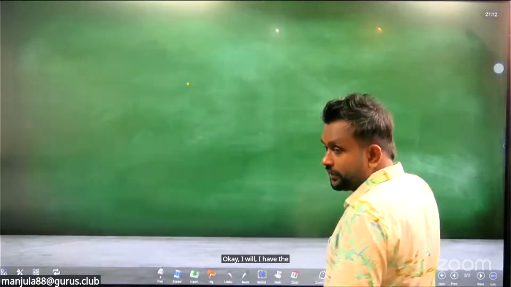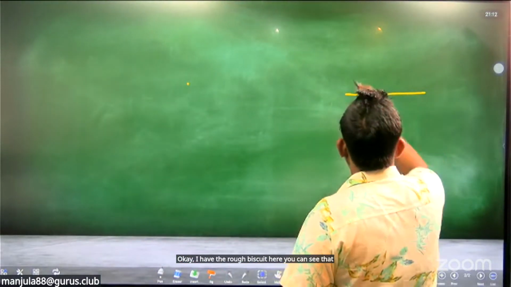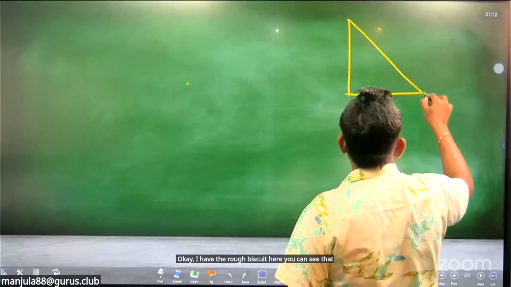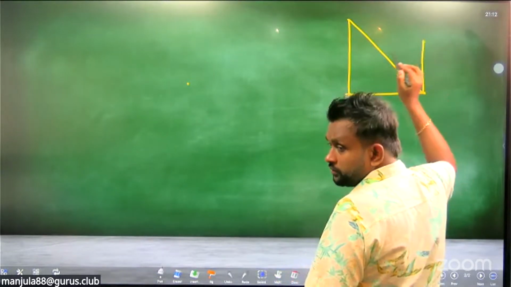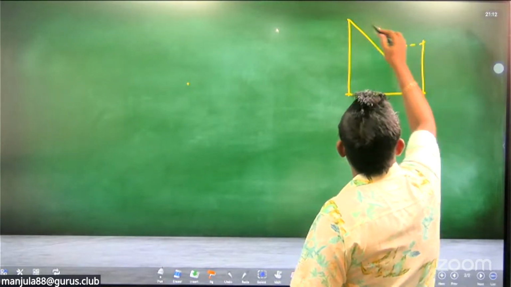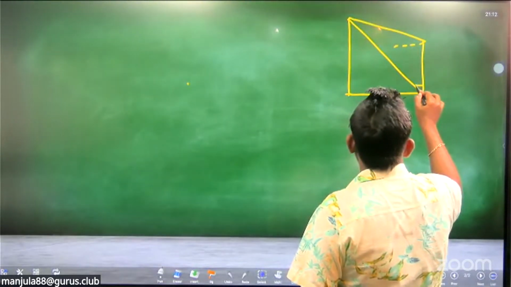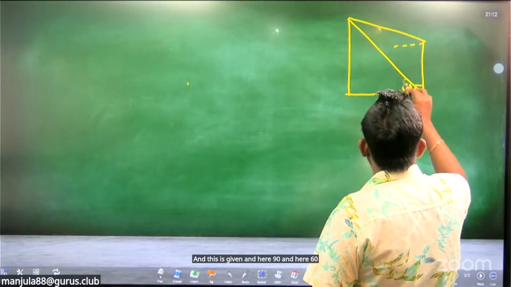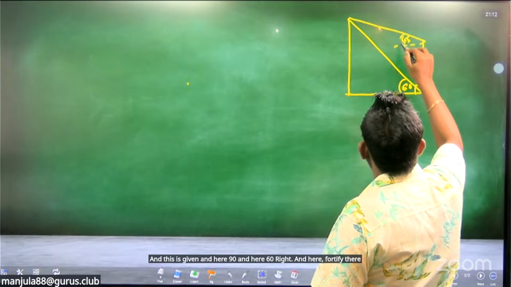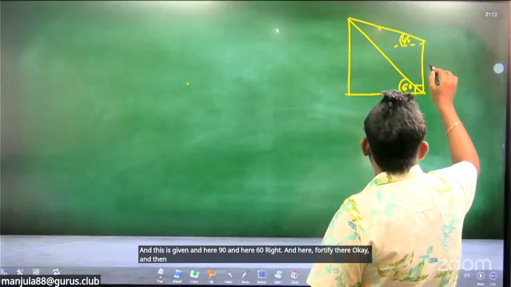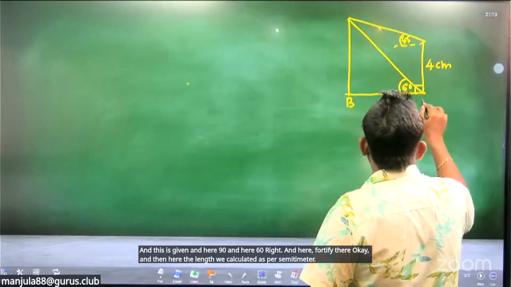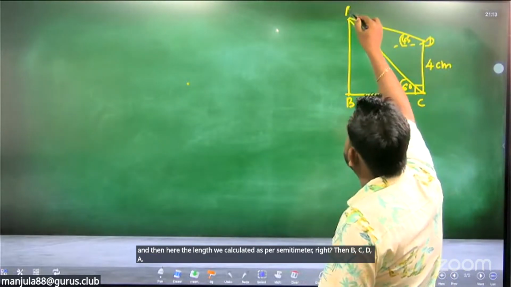Here this is given, and here 90, and here 60, and here 45. And here the length we calculated is 4 centimeters. Then B, C, D, A. Concentrate here.